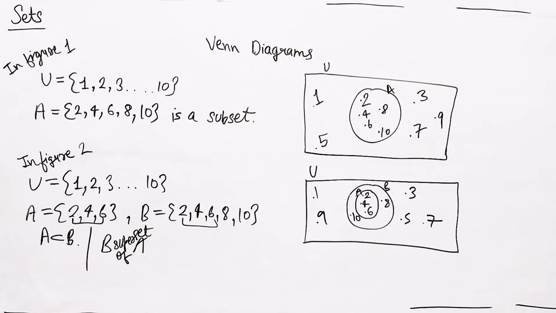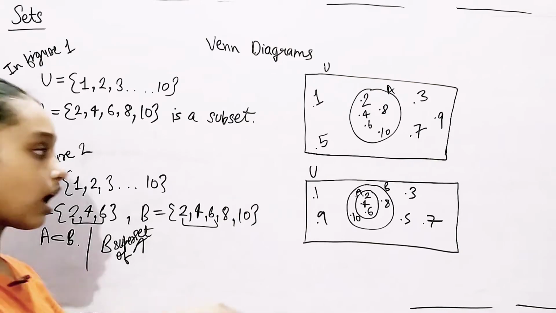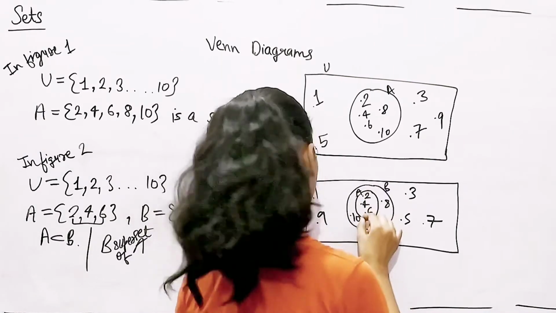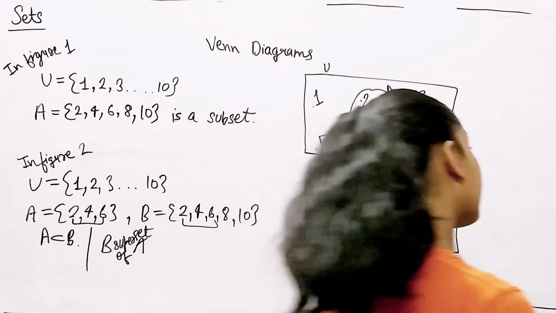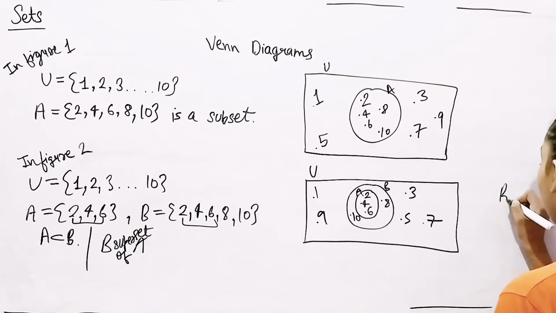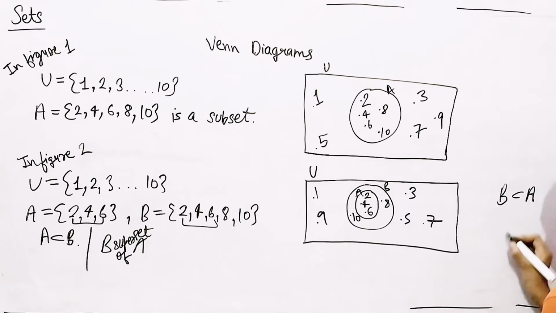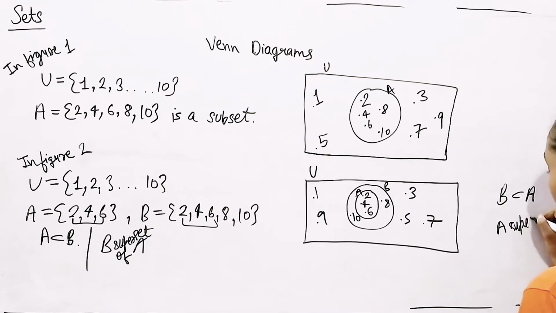The set A and the set B are actually subsets, and A is a subset of B. And if in the first case that was set B and that was set A, then our set B is going to be the subset of set A, and set A is going to be the superset of B.